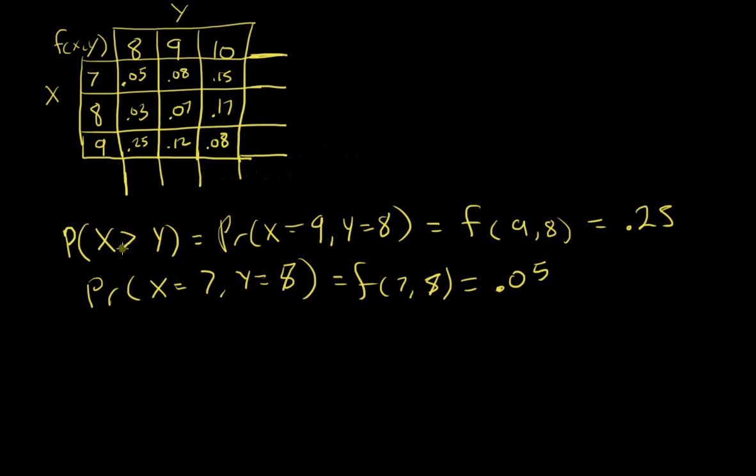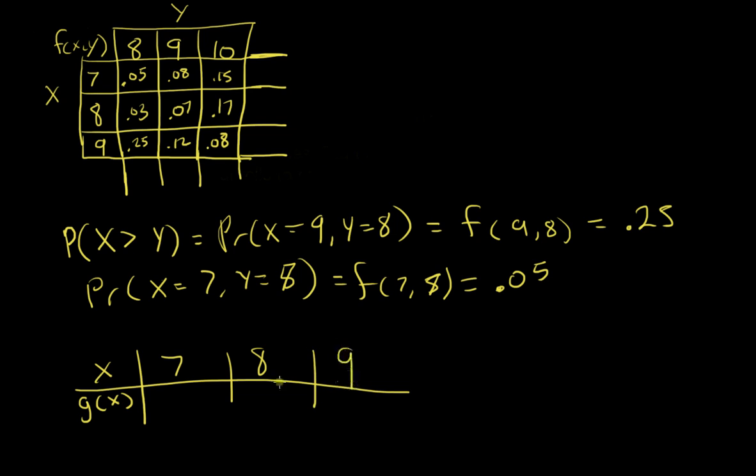You should be able to find the marginal distribution of x and y. I'll go ahead and find the marginal distribution of x right now, or g of x. When you have discrete probability distribution functions, a lot of times we represent the marginals with a table. What are the values of x? X takes 7, 8, and 9.